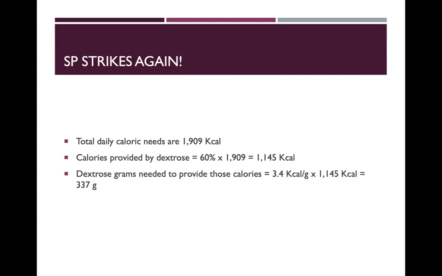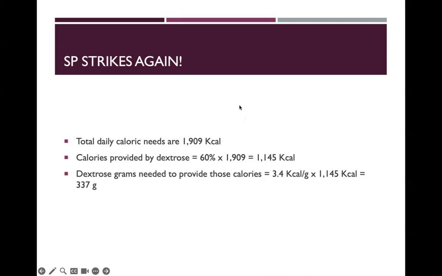So 1,145 over 3.4, divided by 3.4. Now we're just mounting that, it's 1,145 divided by 3.4. Yes, that number is 337. Some of you said 336.9, which is also correct.